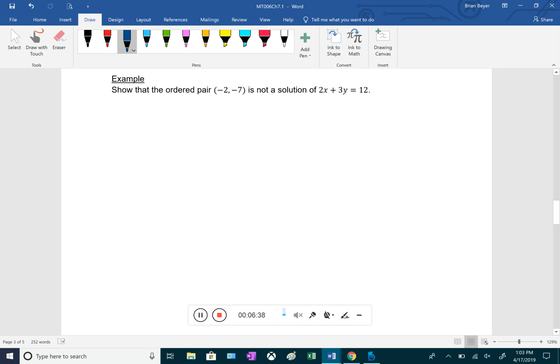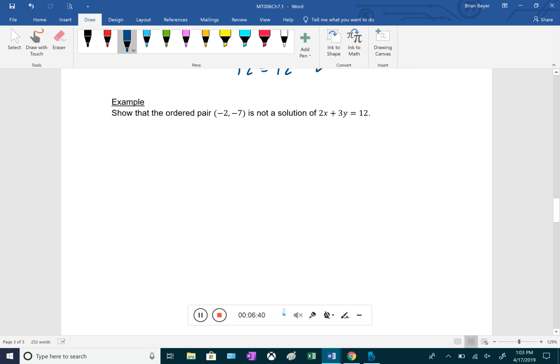Okay, so now let's show that the ordered pair -2, -7 is not a solution to 2x plus 3y equals 12. Once again, let's plug in x, y here. We're going to be using the same equation, 2x plus 3y equals 12.